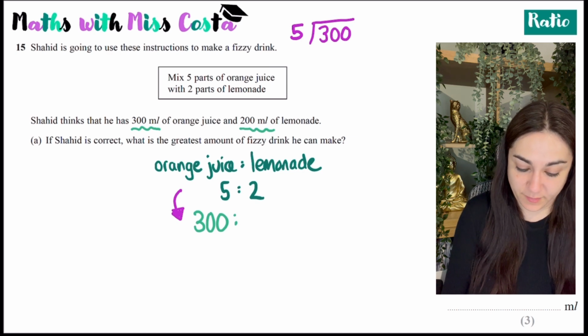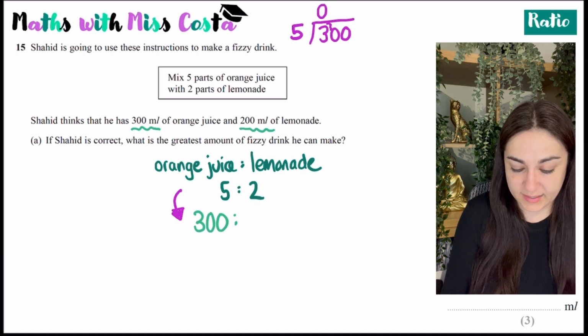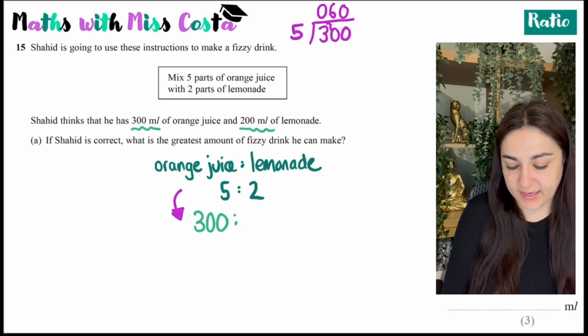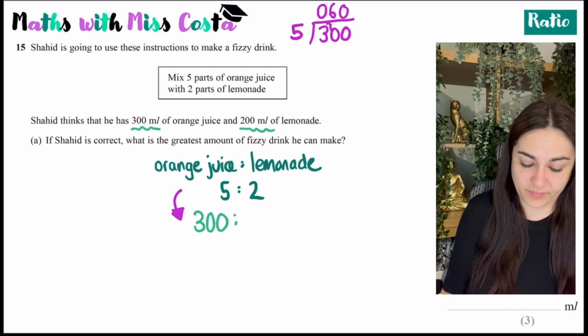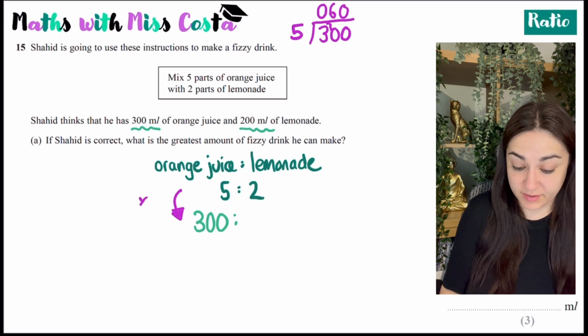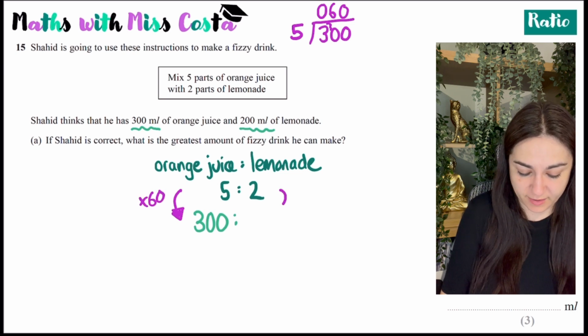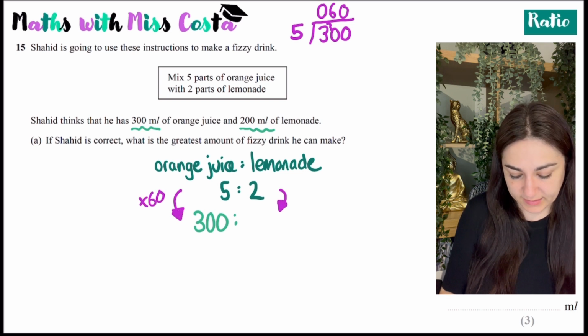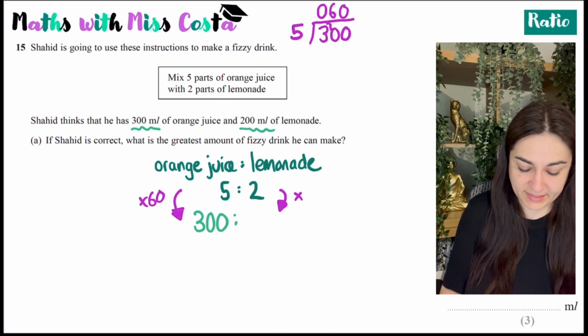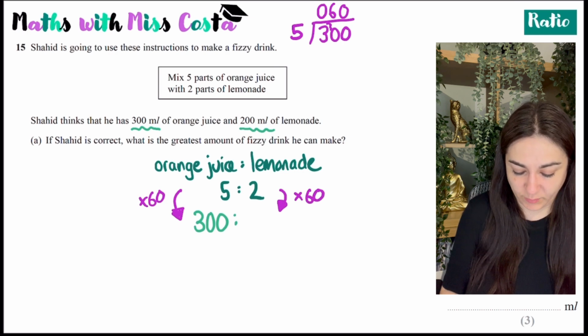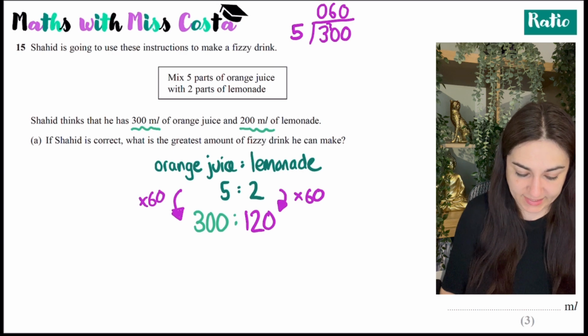How many times does 5 go into 3? 0. How many times does 5 go into 30? 6. And how many times does 5 go into 0? 0. So I've times 5 by 60. So I need to multiply 2 by 60 as well, as its equivalent ratios. 2 times 60 is 120.